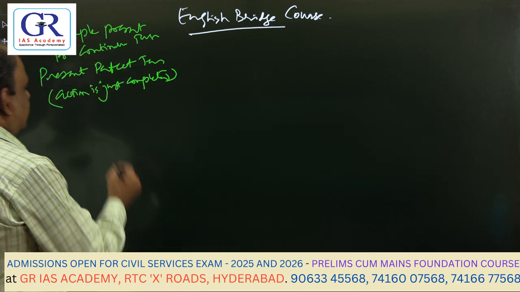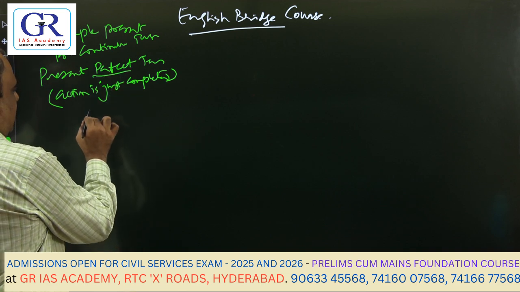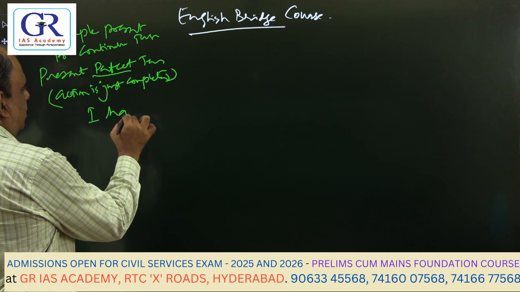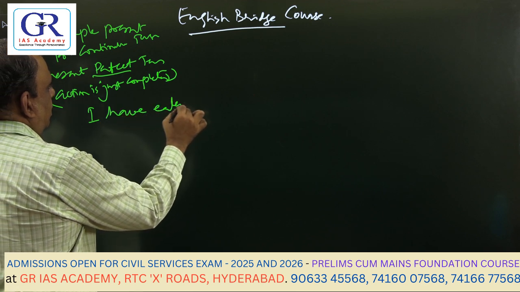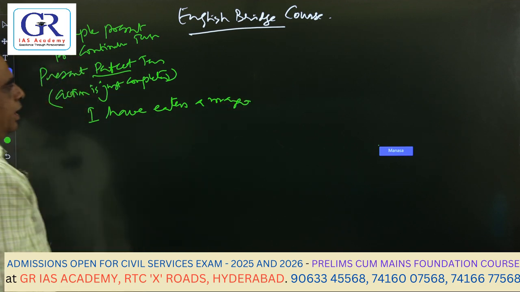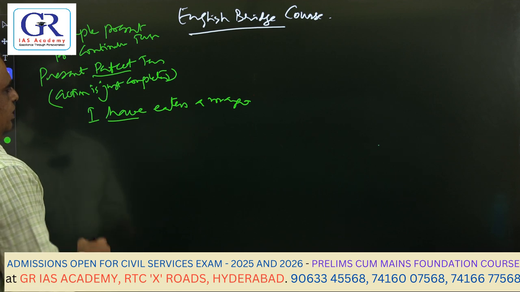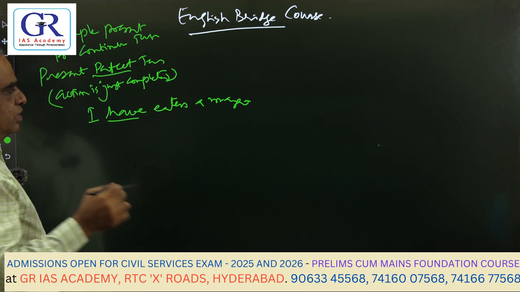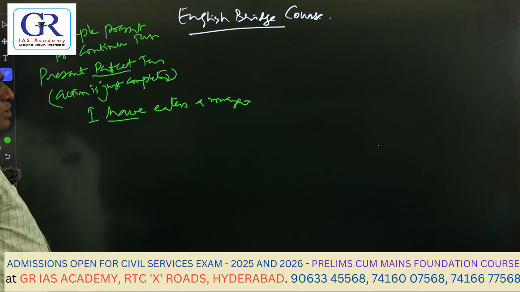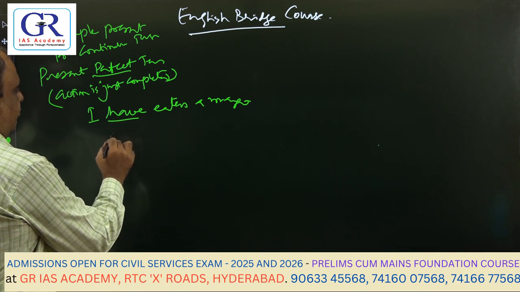Present perfect tense. So in perfect tense, what we will say is, I have eaten a mango. Just completed. Here which form are we using as helping verb? Have form. So you should understand why I told you about these have forms. The helping verb is in present tense, so V1 form.